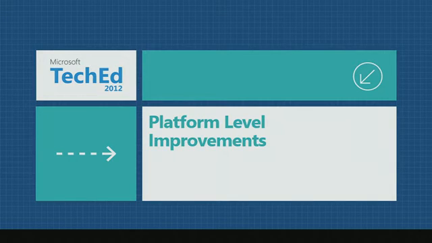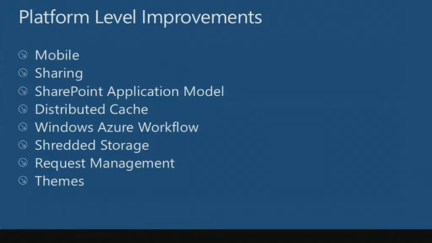So, that's a bit of a workload, okay? That's the bit that you kind of see and visualize. But what you're probably more interested in is what's actually happened behind the scenes, what's happened below the surface that's making this product a lot better. So the first thing we're going to do is go through the different things that we've got. We've got a lot more improvements around mobile, around sharing, around the application model, this thing called the distributed cache, Windows Azure Workflow, which has been built into this or provides the ability to hook into it, threaded storage.